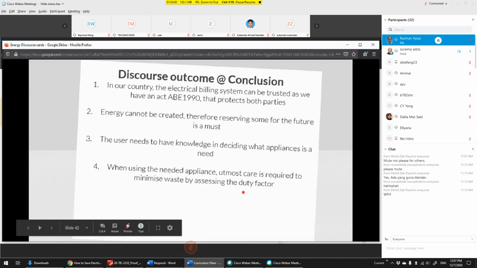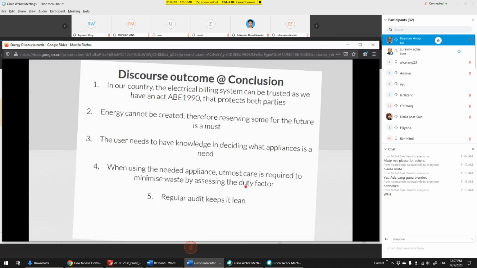For example, maybe you can apply auto off and auto on. So you need the knowledge. Number 5, regular audit keeps it lean. If you audit your electrical bill and compare it with the electrical appliance usage, then you will have a lean bill.